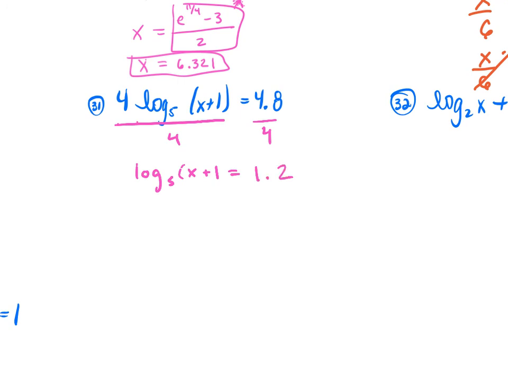Now what do we do? Awesome. Put a 5 on both sides. So we have 5 raised to the power of log base 5 of x plus 1 and 5 raised to the power of 1.2. So what happens on the left? Cancels out. So x plus 1 is equal to 5 to the power of 1.2.